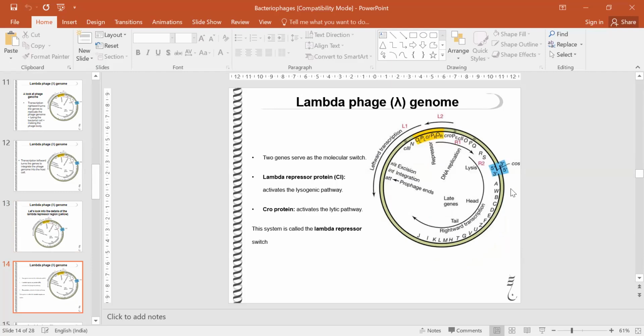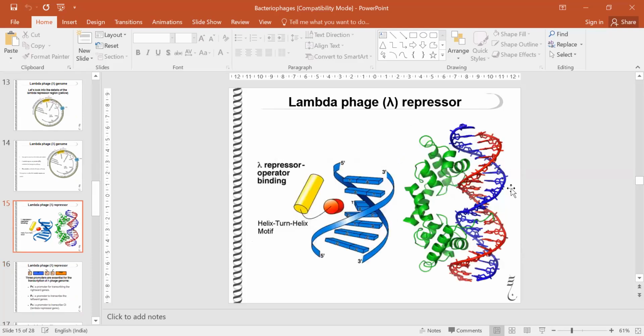The lambda repressor can activate the lysogenic cycle. There is another protein called the Cro protein. This Cro protein can activate the lytic cycle. So this system is called the lambda repressor switch because its activation happens based on these proteins.